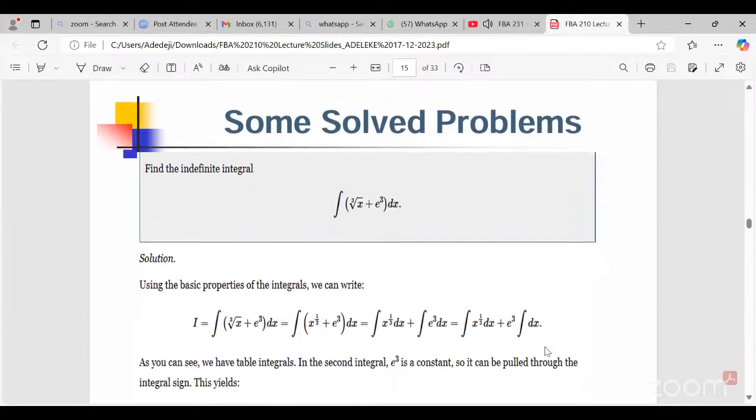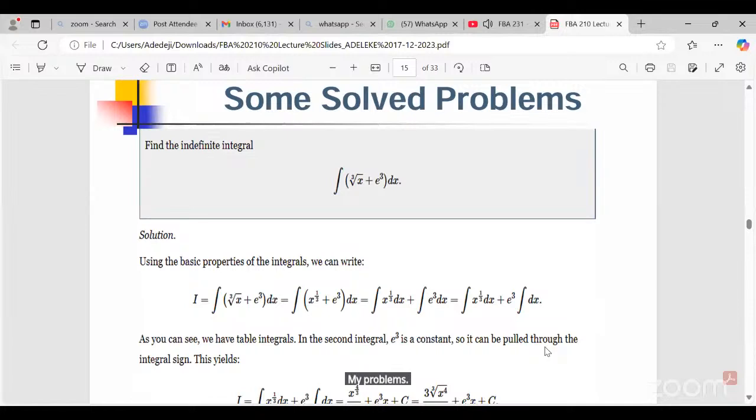More problems as displayed. So we have the integral of the cube root of x plus exponential 3. Exponential 3 is a constant because Euler's number has a definite figure.